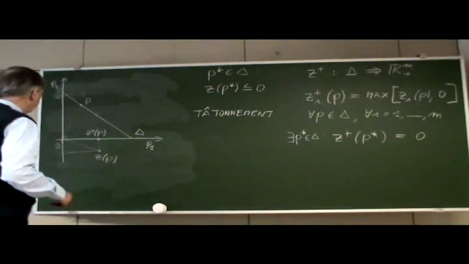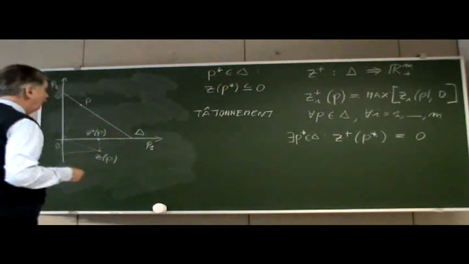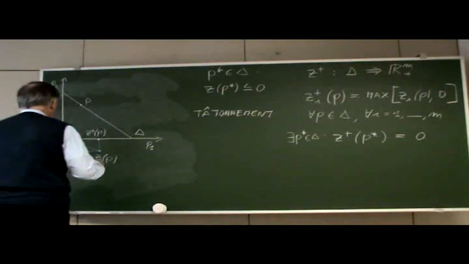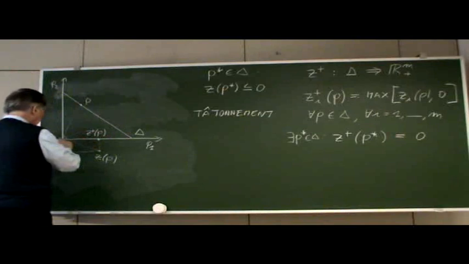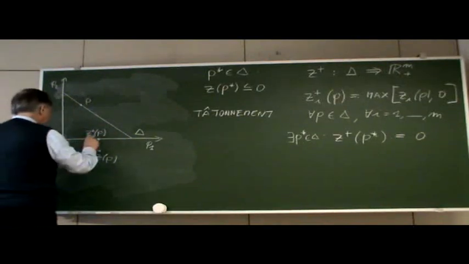So, the modified form of Walrasian tâtonnement is the following. Add to the price of good 1 the entire excess of demand.